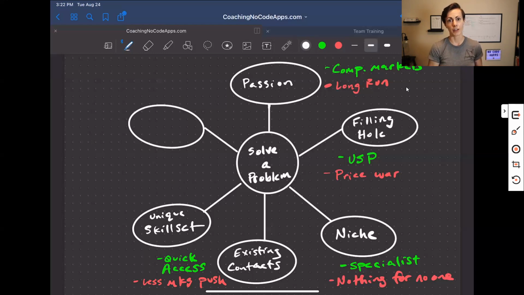Maybe you have experience working with spreadsheets in some way. Well, that by default is going to give you a little bit of an easier time just thinking in the way that a lot of no-code tools work. So if you're coming into this and you haven't launched an app before, you might have lots of other skill sets that can serve as advantages to you and that can help you build really quick traction.